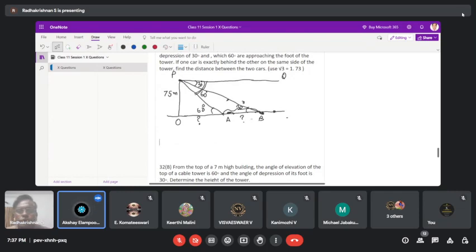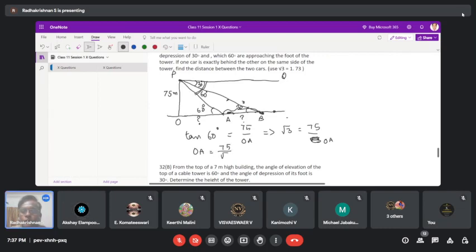So root 3 equals 75 by OA. So OA is going to be 75 by root 3. Good. So OA is going to be 75 by root 3.